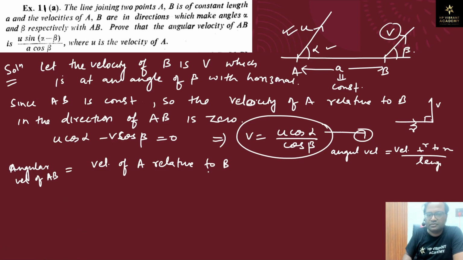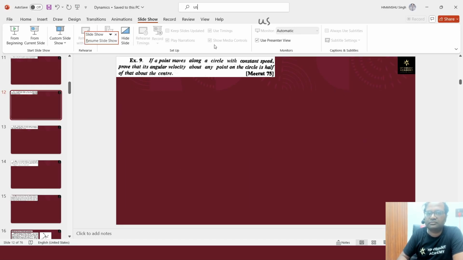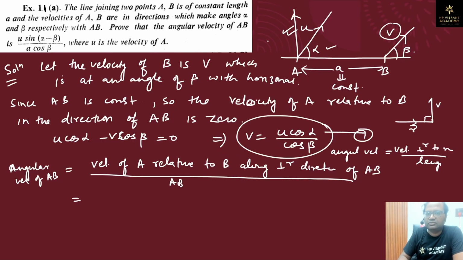Velocity of A relative to B along the perpendicular direction of AB, upon AB. AB is a. In the perpendicular direction the velocity is u sin alpha, and here it is v sin beta.